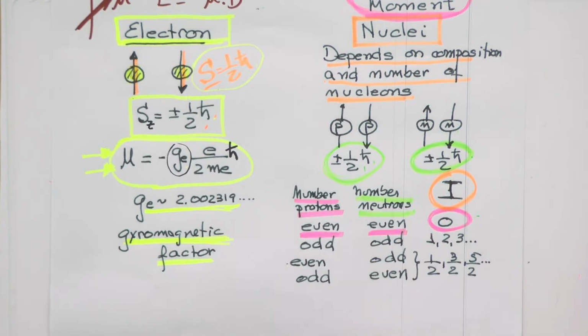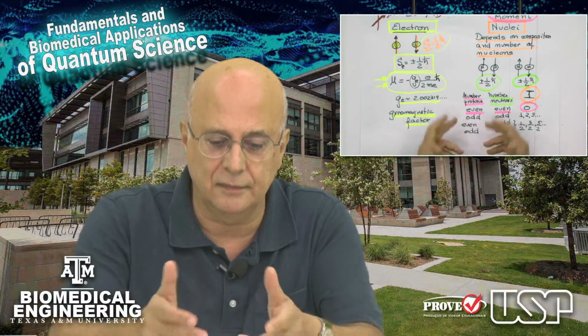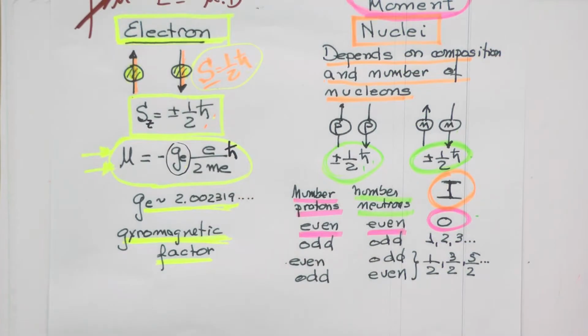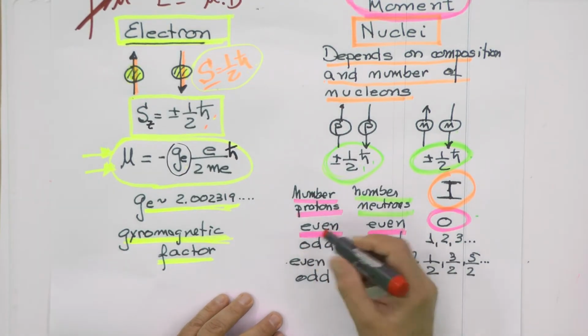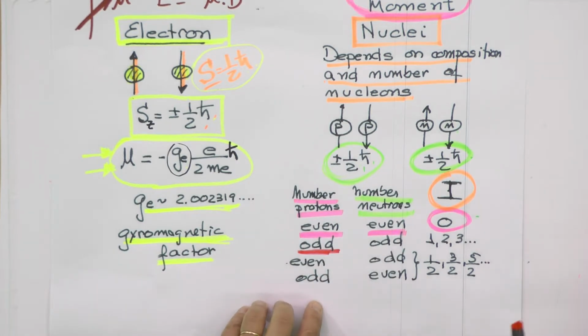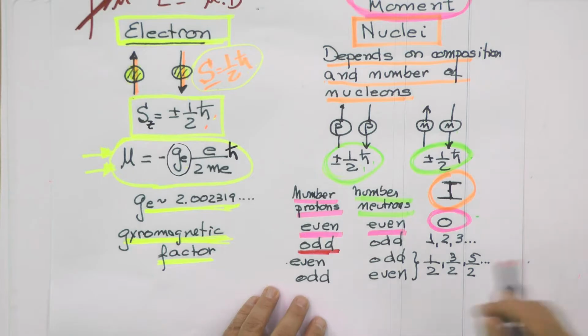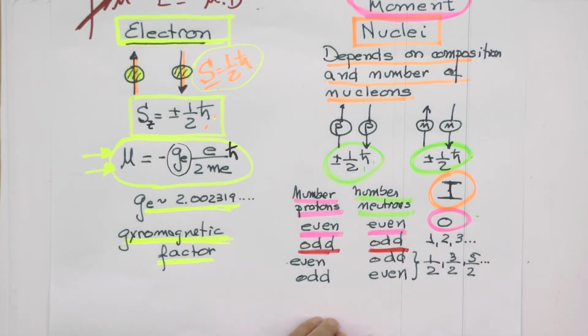Interesting. They add up by going up and down, giving 0. They have even number. Normally, they compose to give 0. Now, suppose that there is an odd number of protons, like 1, 3, 5, and so on, and an odd number of neutrons.